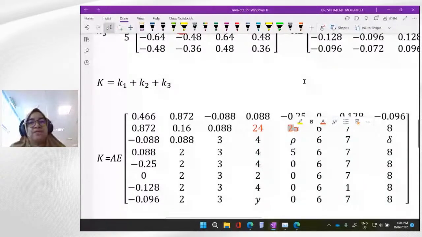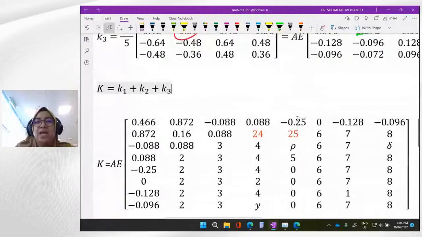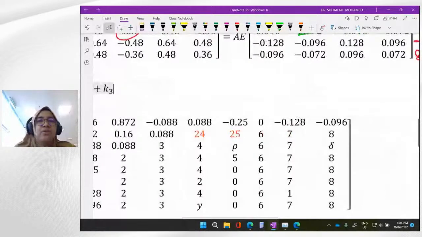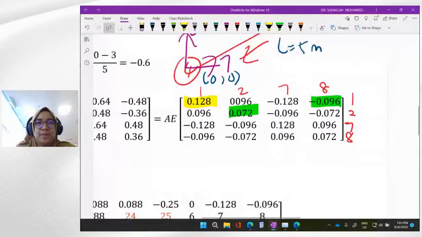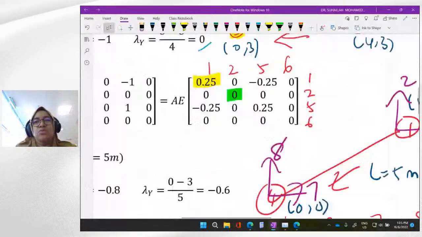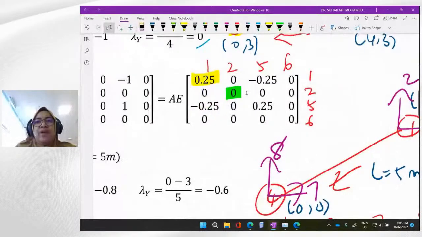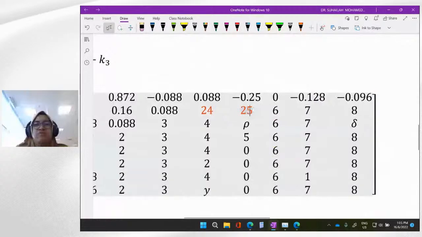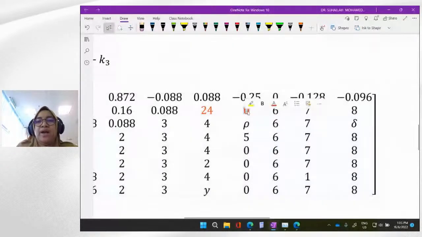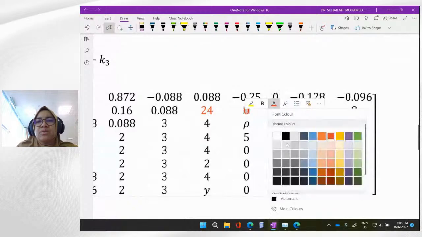Let's find 2, 5 in K3. We don't have 2, 5 in K3. In K2, we have 2, 5 here, and 2, 5 is equal to 0. So in the structure stiffness matrix, 2, 5 is equal to 0.